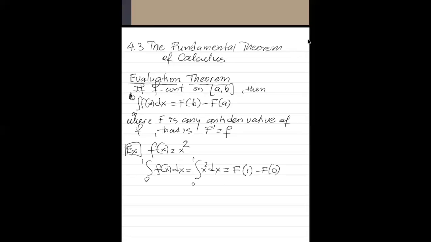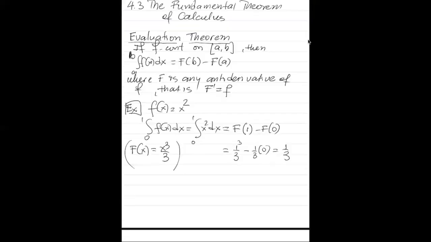We know the antiderivative of x squared is x to the third over 3. So if you plug in 1 for x, it will be 1/3 minus 1/3 times 0, so that's equal to 1/3.